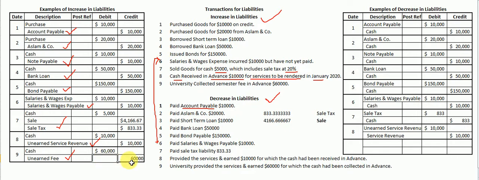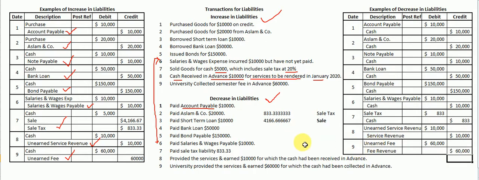If the accounting period is 6 months, now you have to convert this unearned fee liability into the fee revenue account. So here you have to debit the unearned fee account, $60,000, and credit the fee revenue account, $60,000. You can use whatever title you like.